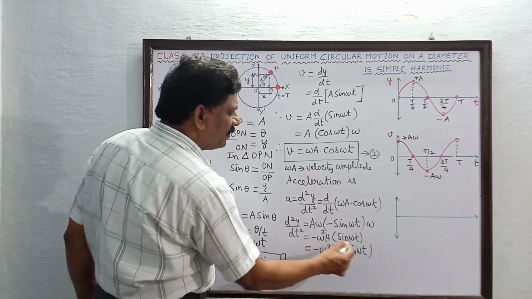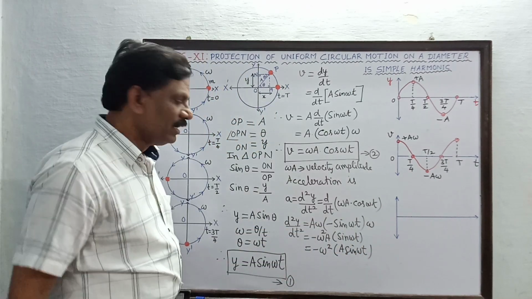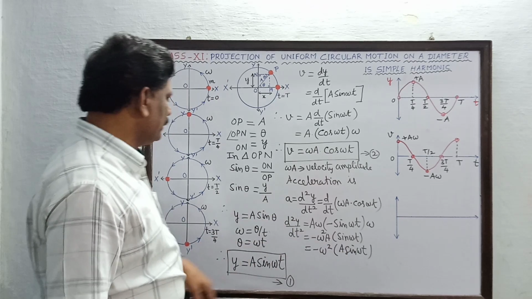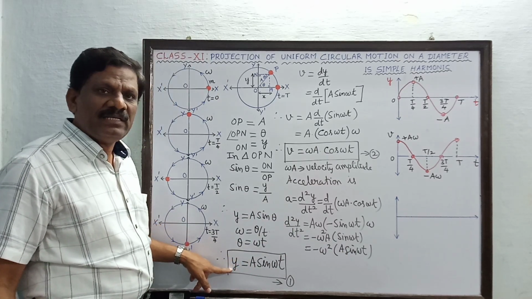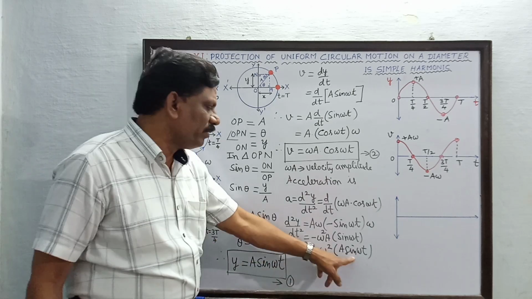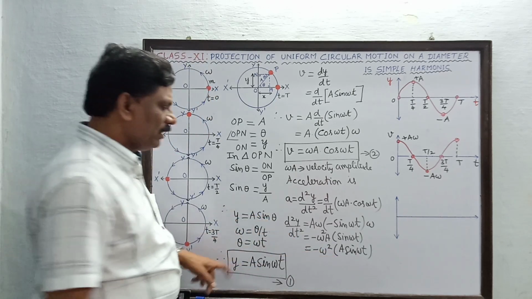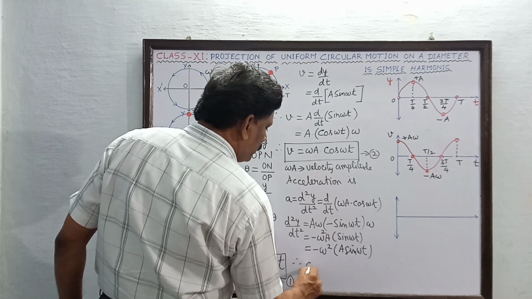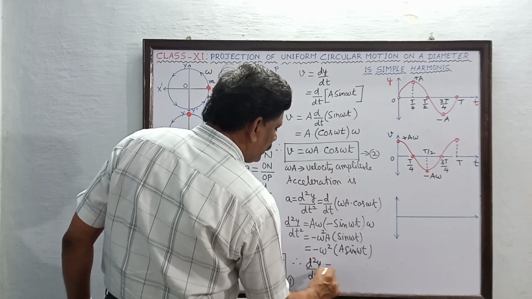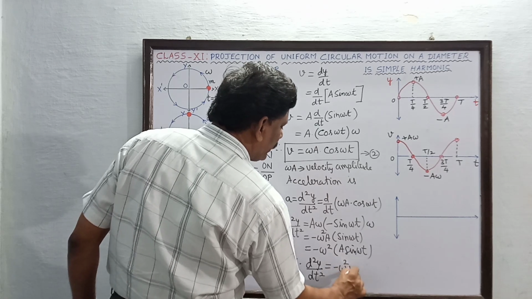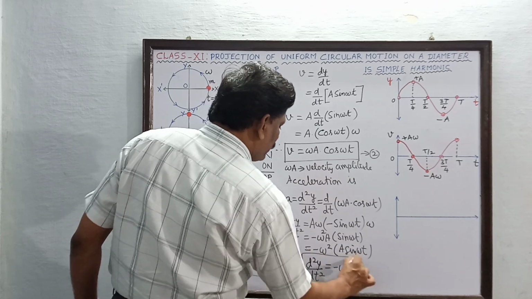I am grouping the terms a sin omega t separately, so that a sin omega t is, in expression 1, the displacement y. In place of a sin omega t I am going to substitute y. Therefore d square y by dt square is equal to minus omega square into y.